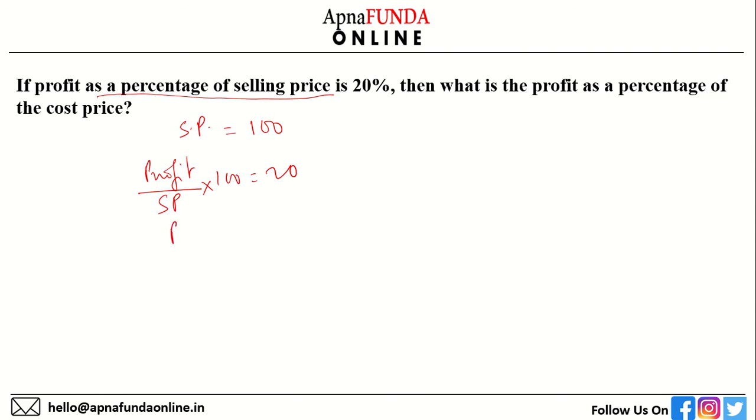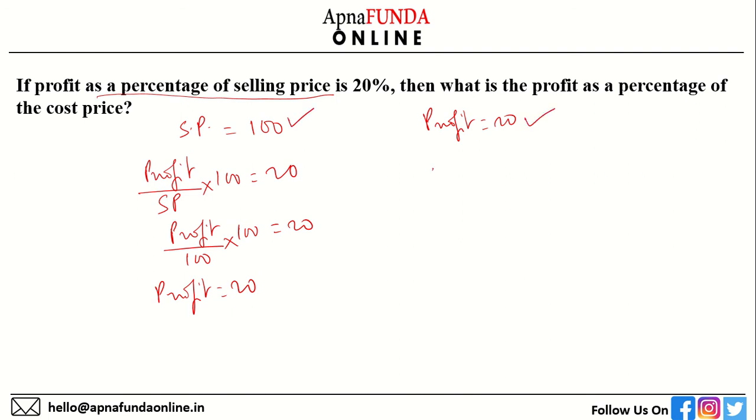So that means profit by selling price, profit by 100 into 100, is equal to 20. So profit is equal to 20. Now we have selling price as 100, we have profit as 20. So cost price simply means selling price minus profit.